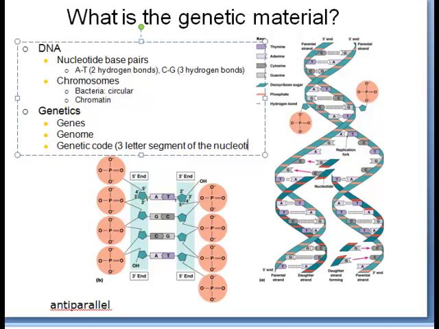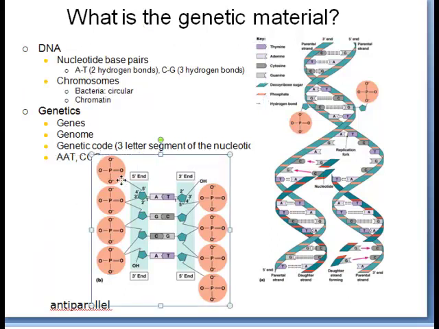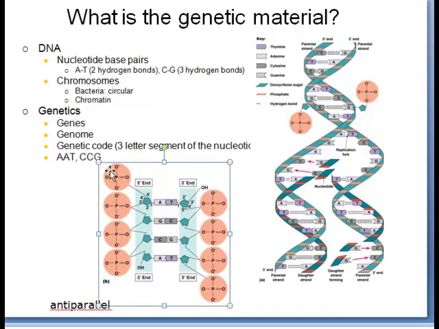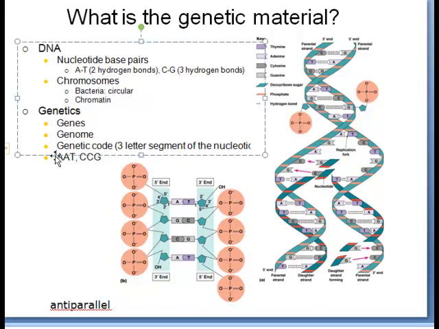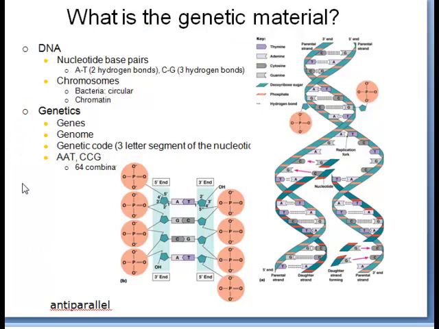For example, you can have AAT, or you can have CCG, and these would all be genetic codes. Let me cut this out so you can see it better. There, that's better. So the genetic code is a 3-letter sequence of combinations of adenine, thymine, guanine, and cytosine. And if you recall, there are 64 combinations possible with just 4 nucleotides.